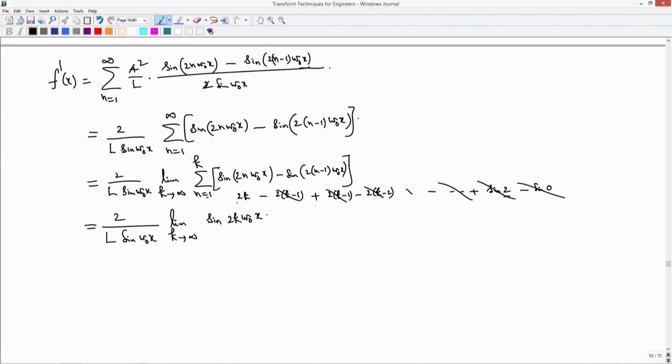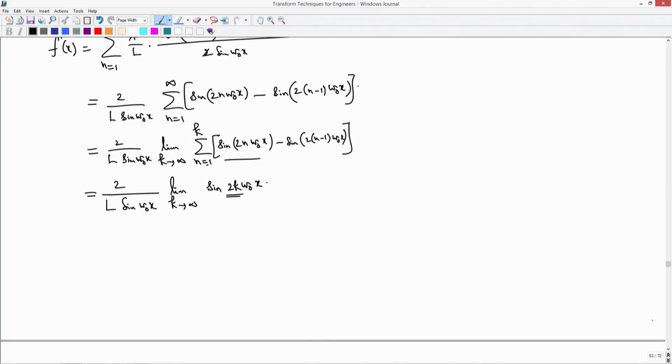So you end up with only the 2k term that is here. So this is how I explain: you simply expand this finite sum, everything gets cancelled except the term when n equal to k, and only this term contributes.